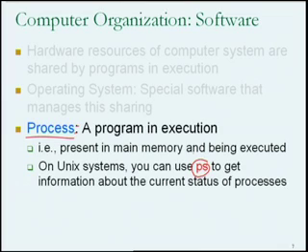If you're logged onto a Unix computer system, you could type PS as a command and you'd expect to get a lot of information about the current status of the processes on that computer system, in other words, the programs in execution on that computer system.